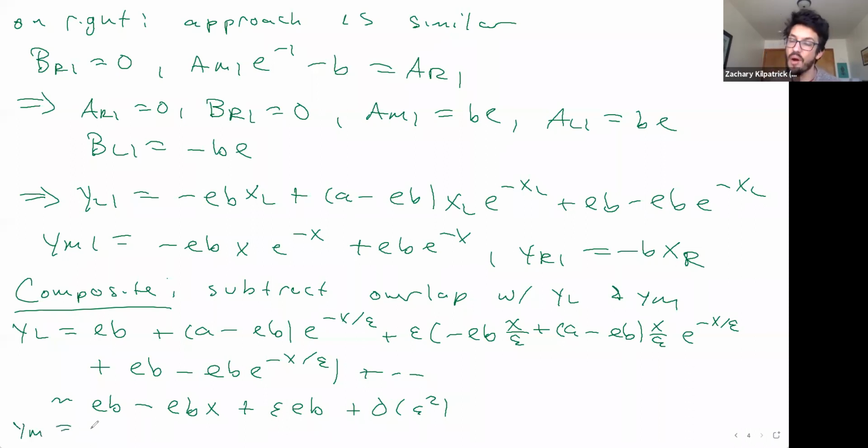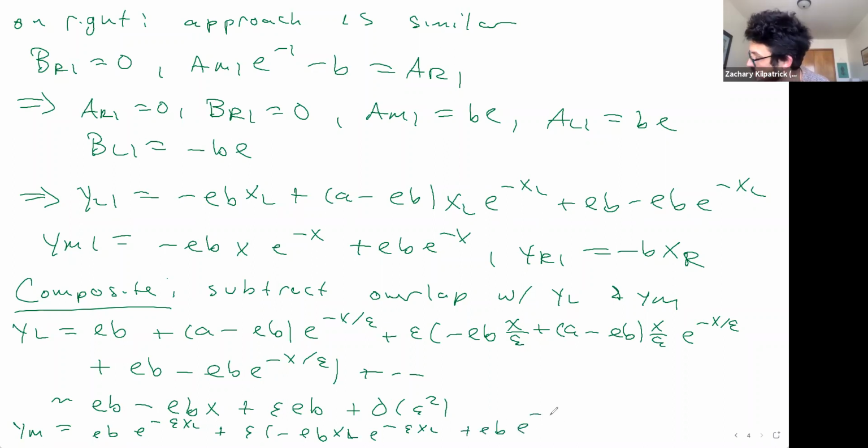If we add our left and our middle solutions together, the y_m solution is going to be EB e to the minus epsilon x_L plus epsilon minus EB x_L e to the minus epsilon x_L plus EB e to the minus epsilon x_L, if we write it in terms of the inner coordinates, okay?